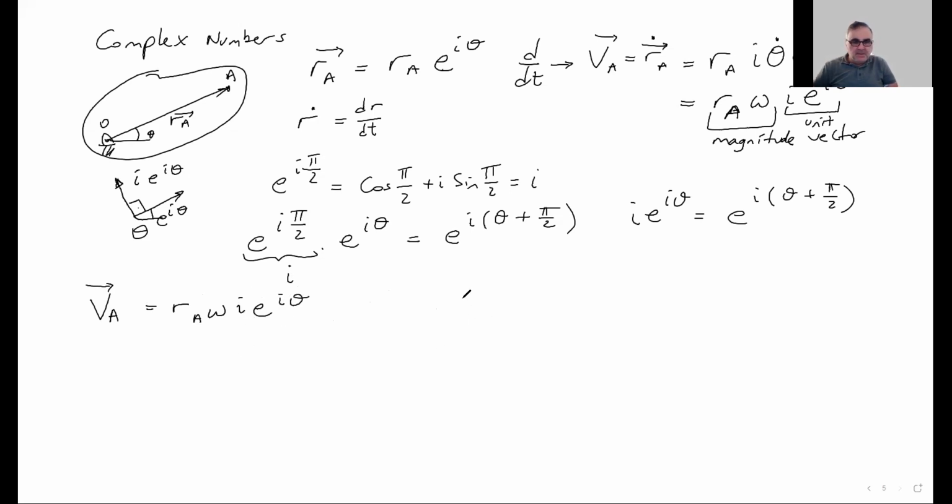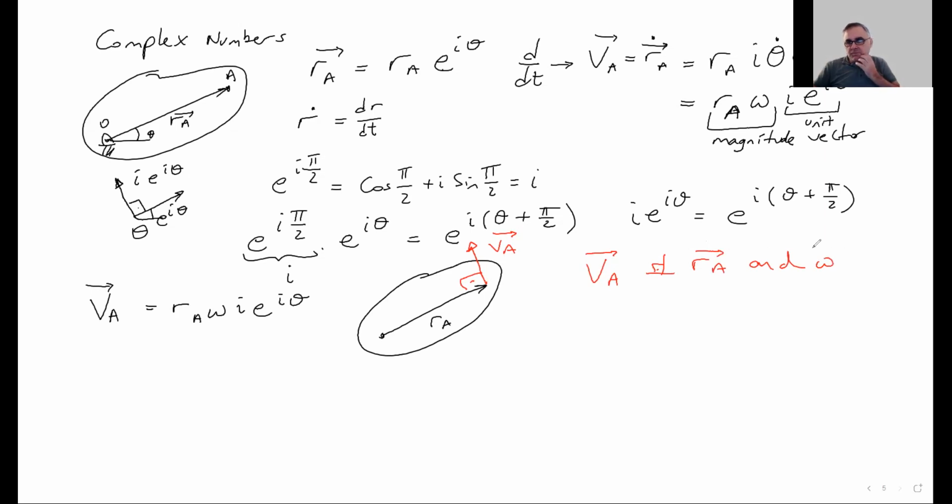In other words, the velocity, if this is RA, VA is perpendicular to RA and omega, as I have told you before.